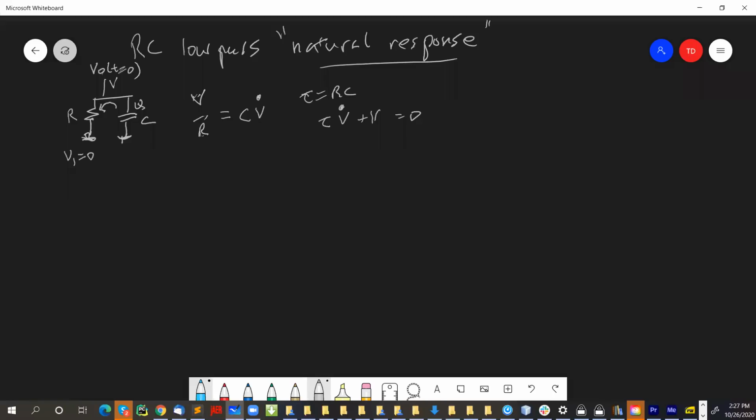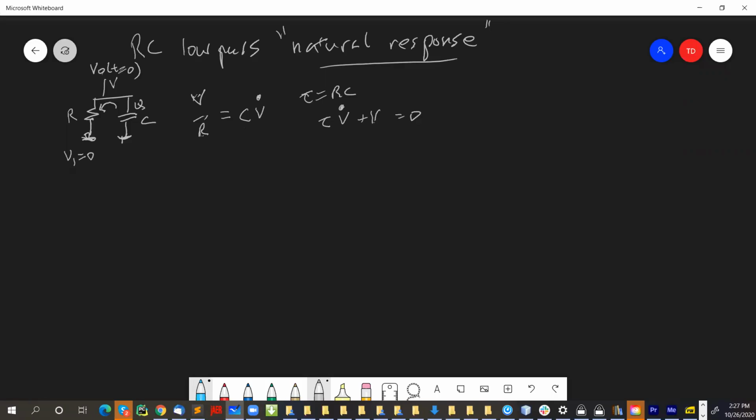So we have to guess. One way is we can just guess what the function is. I already know the answer. If you think about it for a minute, the only thing that makes sense is an exponential, because the only function where if you differentiate it, you get back the function is the exponential.